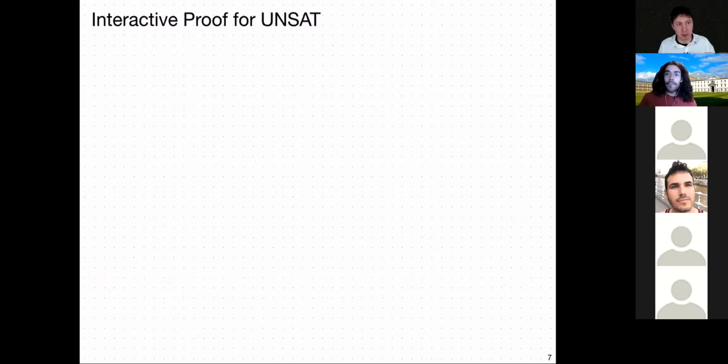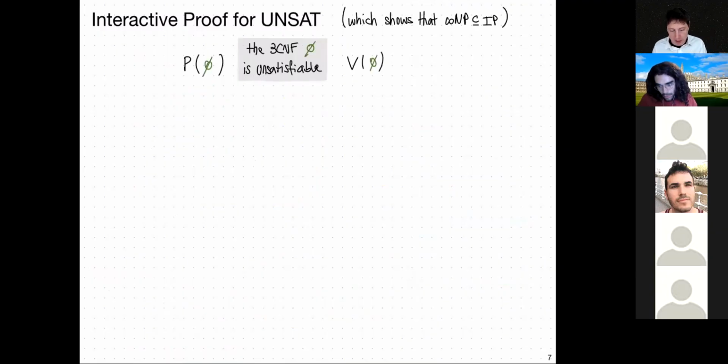Now that we have the Sumcheck protocol, let's tie it back and combine arithmetization and Sumcheck together for a protocol for unsatisfiability. Here we have an interactive proof where the prover and verifier receive a Boolean formula, and the prover wants to convince the verifier that the formula is not satisfiable.